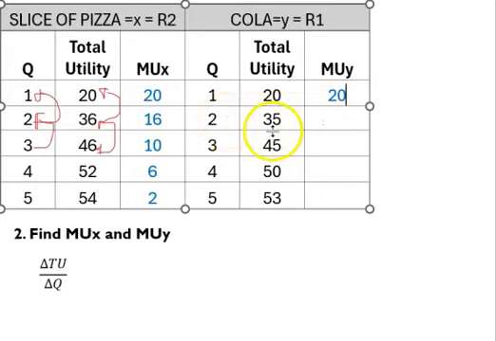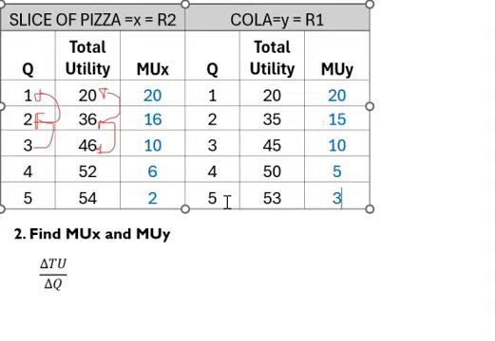At 2 colas, it's 35 less 20, and that gives us 15. At 3 colas, it's 45 less 35, that gives us 10. At 4 colas, 50 less 45 gives us 5, and 3 when the boy consumes 5 colas.